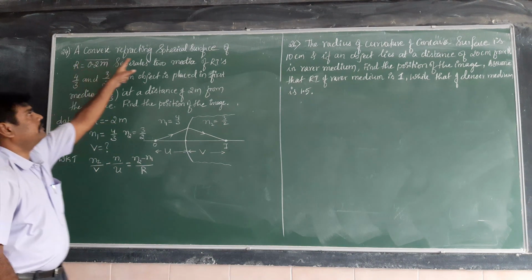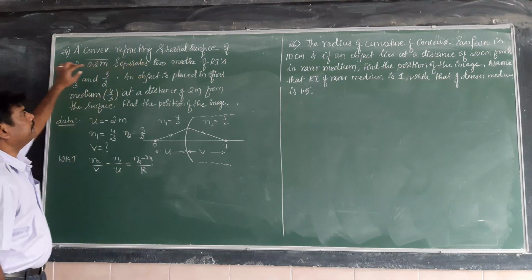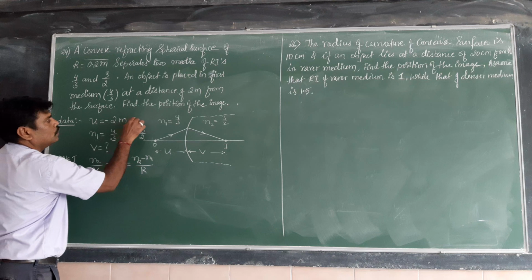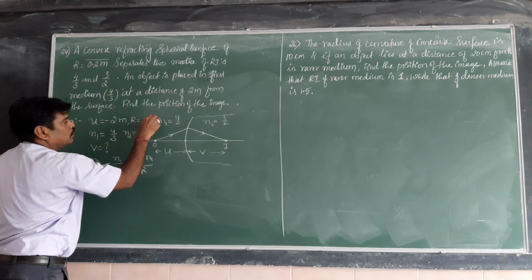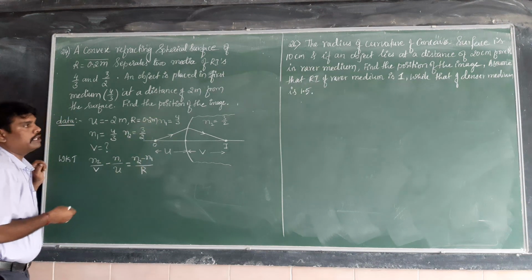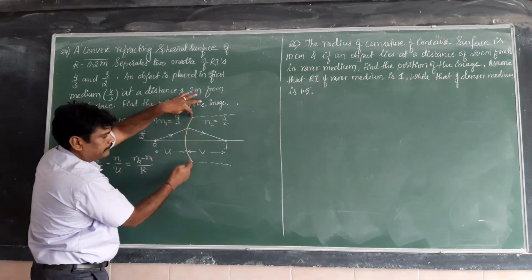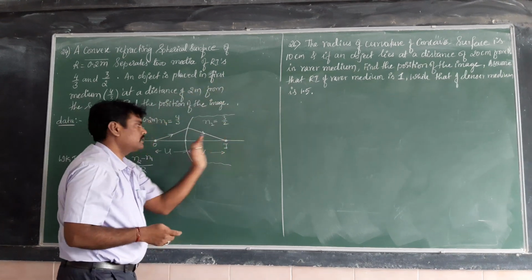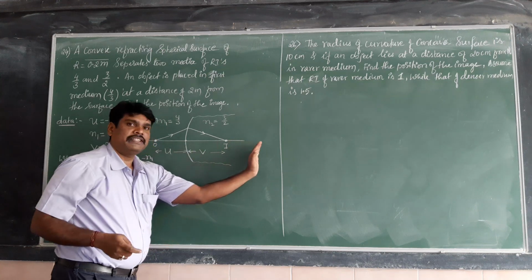See here, the radius of curvature is given in the beginning: a convex refracting surface of radius of curvature R equal to 0.2 meter. Here this is the curved surface and you will get the center of curvature somewhere here. The distance from the surface to the center of curvature is along the direction of the incident ray.